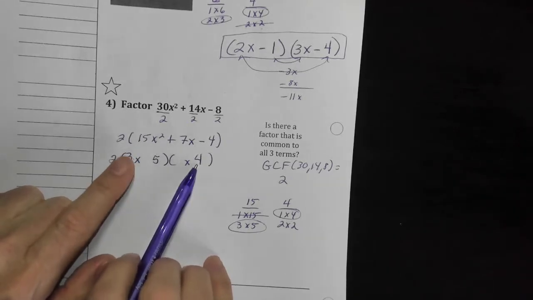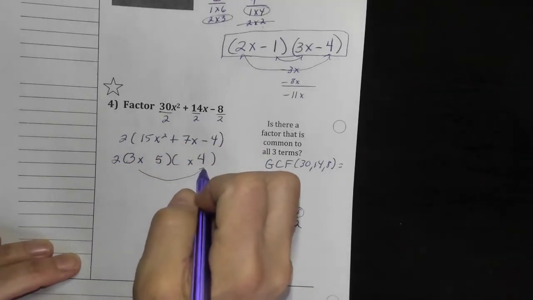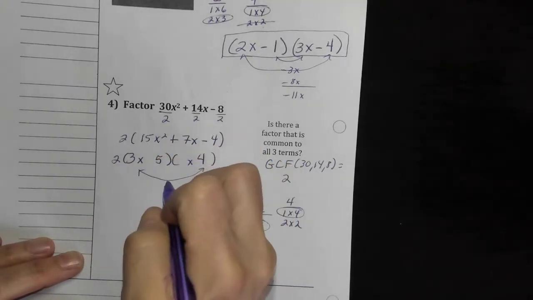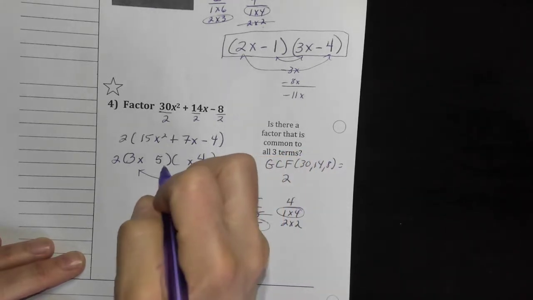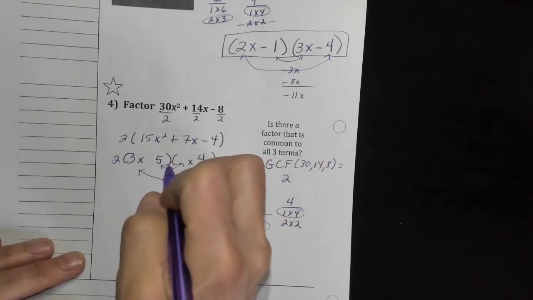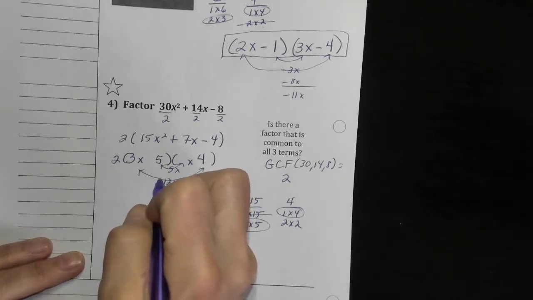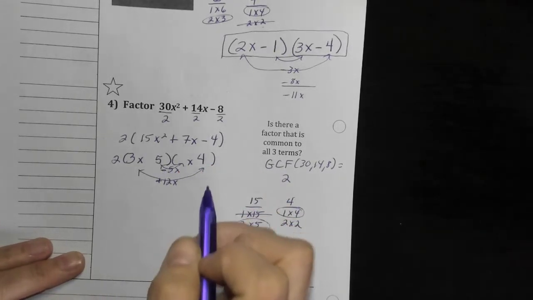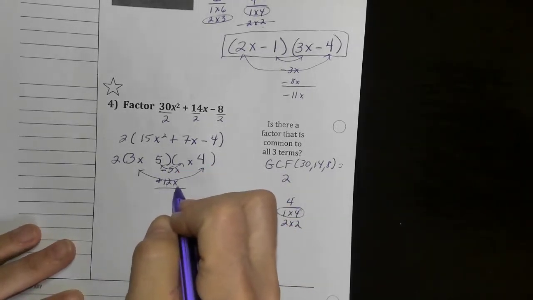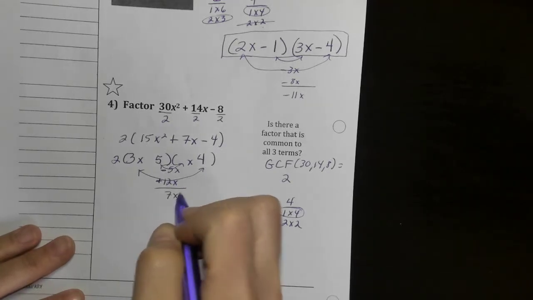So I'm going to have my bigger pair be a positive. 3x times 4 is 12x. 5 times x is 5x. I need this to be my positive and this to be my negative, because if I take 12x, take away 5x, I get 7x.